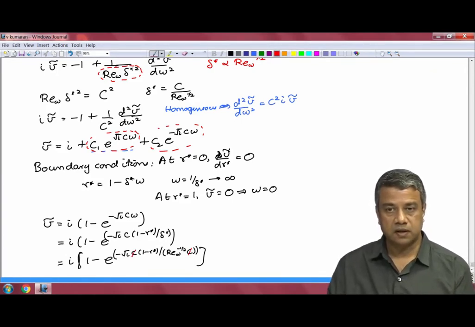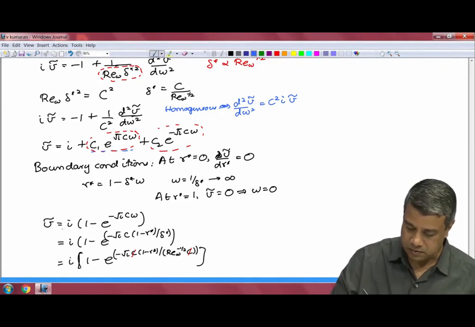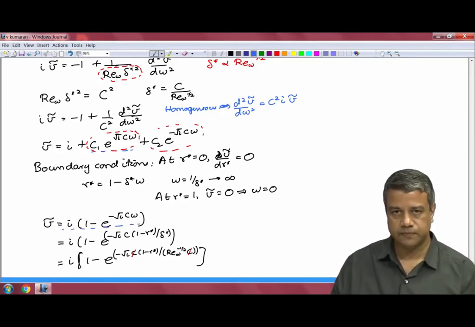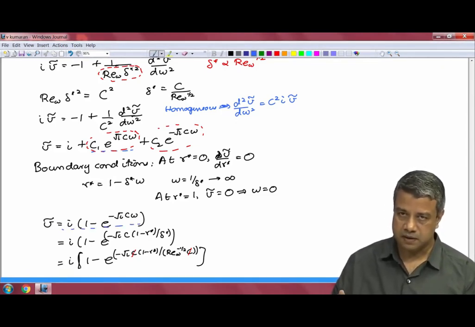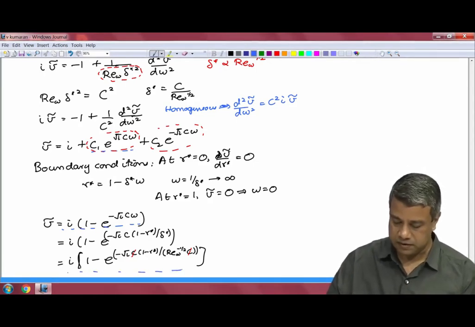I told you that you can assume any value of the constant. The solution in terms of W here will depend upon the value of the constant. The solution in terms of the original variable r star here will not depend upon the value of the constant.